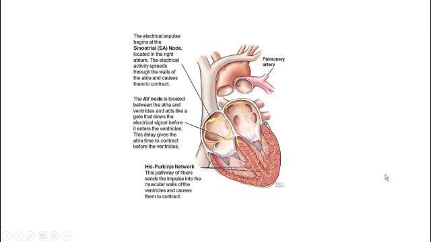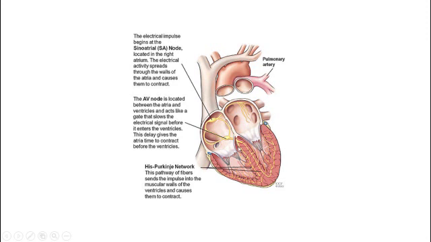This is just another illustration, a little bit more anatomically accurate, but again, here's the SA node, and you can read through all this text, but basically impulses travel through the atria, and as they complete traveling through, the atria are going to contract or depolarize. Then you're going to get to the AV node.